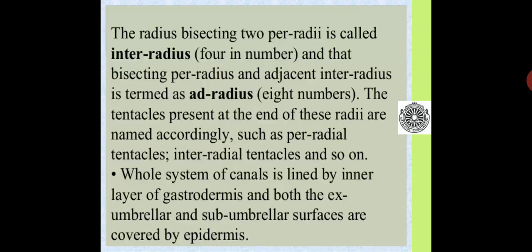The tentacles present at the end of these radii are named accordingly, such as perradial tentacles, interradial tentacles, and so on. The whole system of canals is lined by an inner layer of gastrodermis, and both the exumbrellar and subumbrellar surfaces are covered by epidermis.